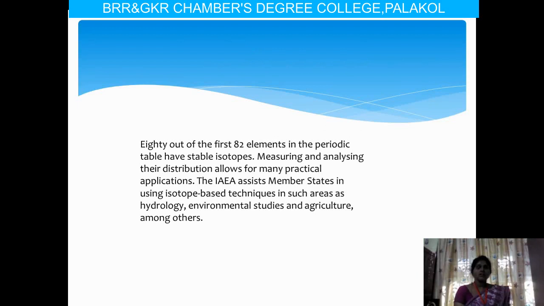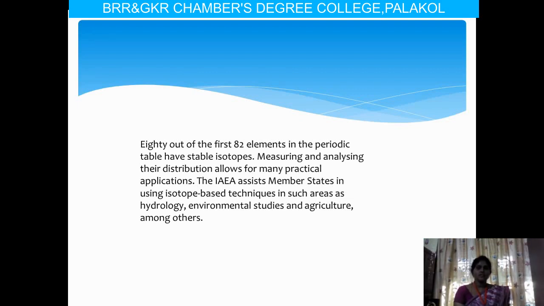Of the 82 elements, 8 in our periodic table have stable isotopes; measuring and analyzing their distribution allows for many practical applications.